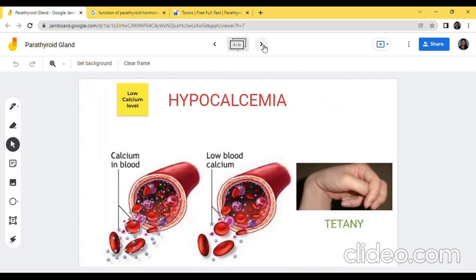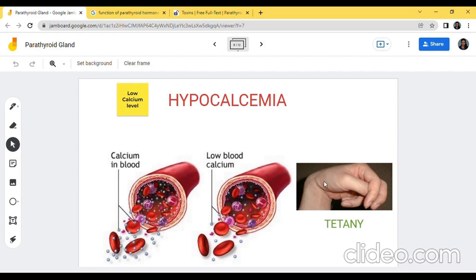Next we can see another disorder, that is hypocalcemia. Hypo means under, calcemia means calcium level. It is caused due to low calcium level. When there is low calcium level, it leads to muscle spasm, that is involuntary contraction of muscle, and it can cause a very painful condition called tetany.